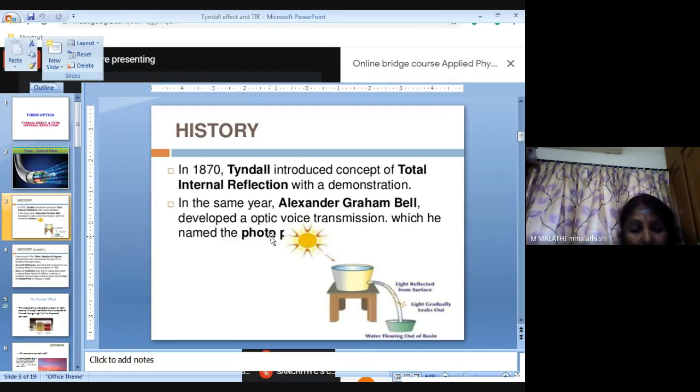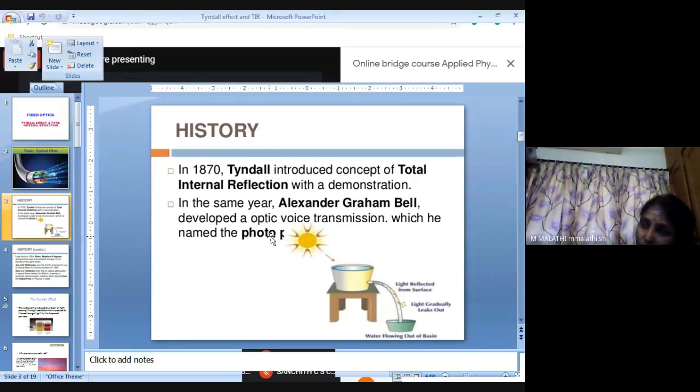Any information signal should be carried from one end to the other end. The distance between the transmitting end and the receiving end may be several tens of kilometers, or 1 kilometer, or 1 meter from one computer to another computer, or several thousand kilometers, like an ISD international call.